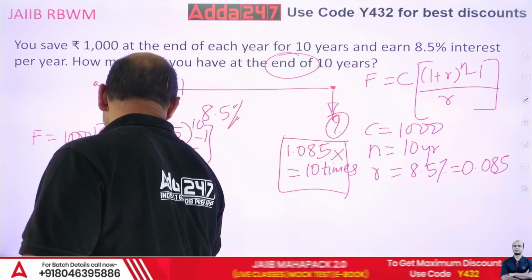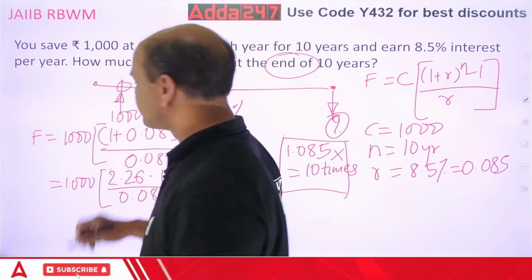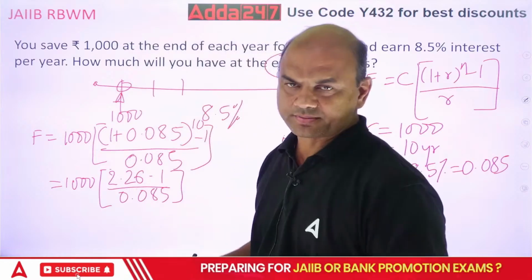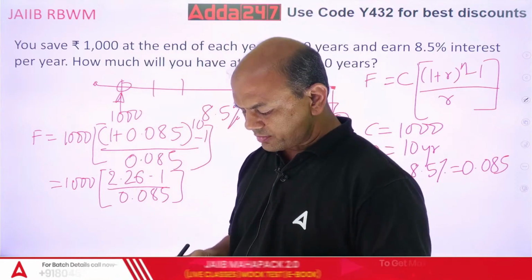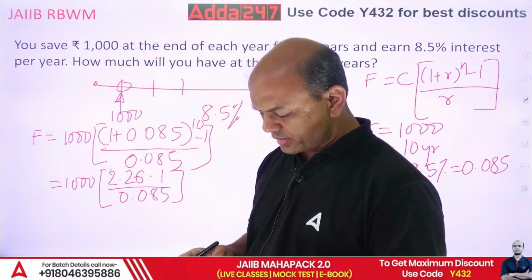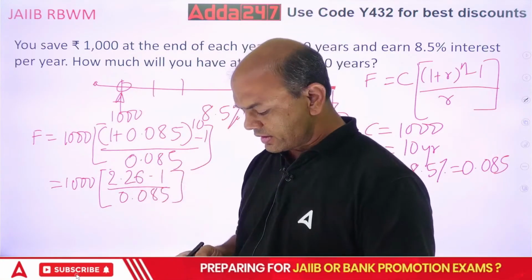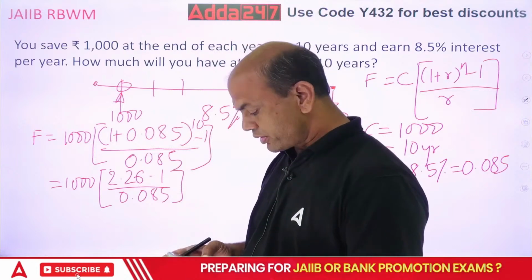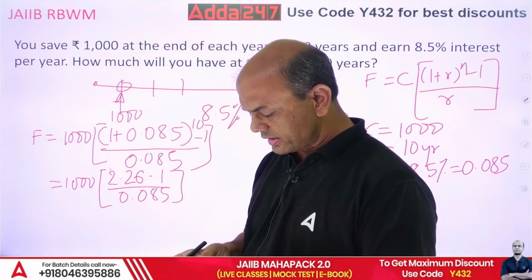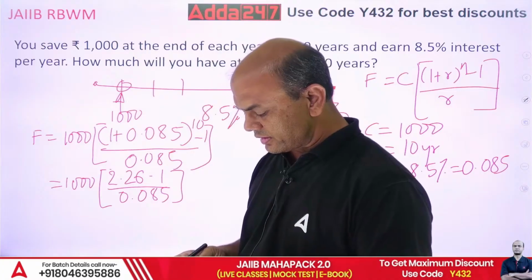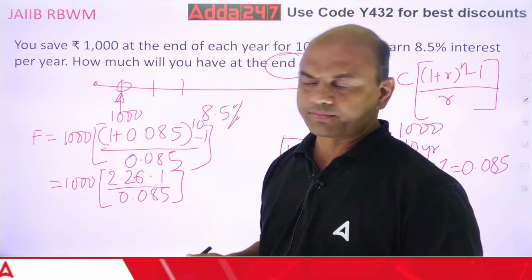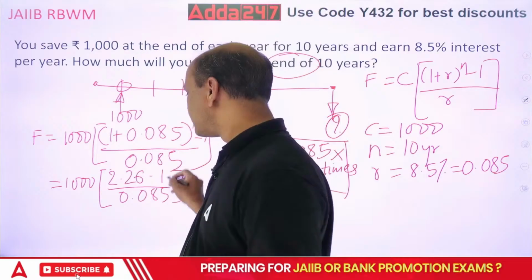Now solve this. 2.26 minus 1 means 1.26. Divided by 0.085. What are you getting? 14.83. You are getting this answer.